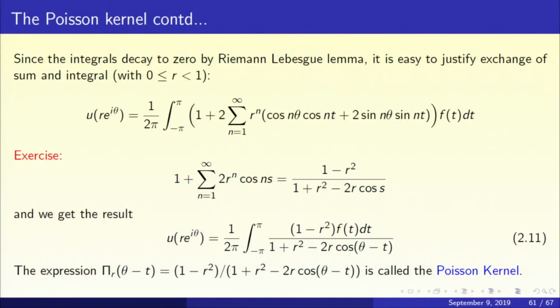So 1 minus r squared is positive. 1 plus r squared minus 2r cos theta minus t, that is also positive. So the Poisson kernel, unlike the Dirichlet kernel, is a positive kernel. This positivity of the Poisson kernel is very crucial, and it is what makes this whole business go through.